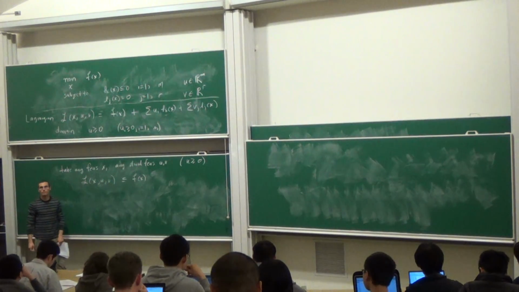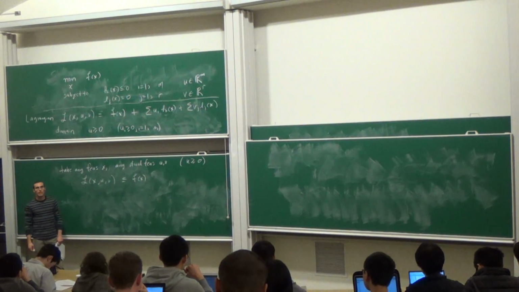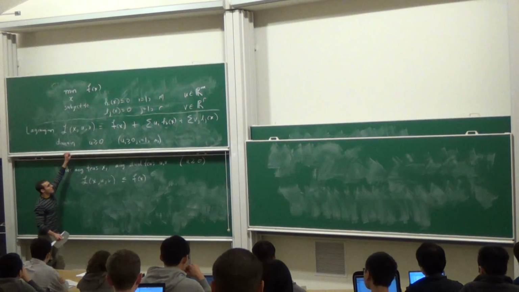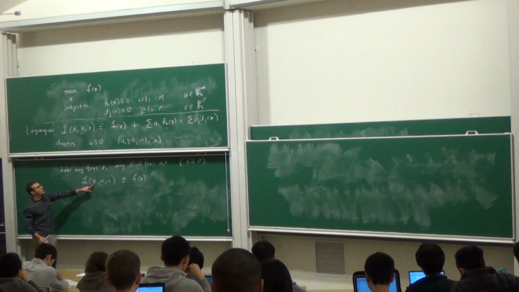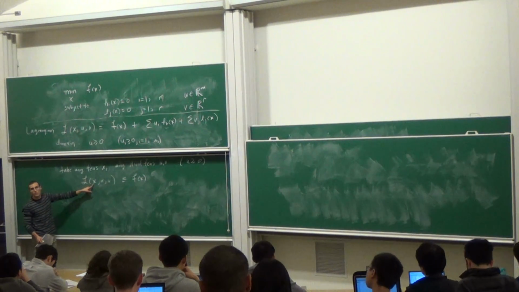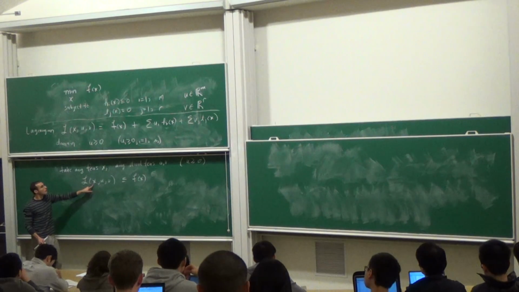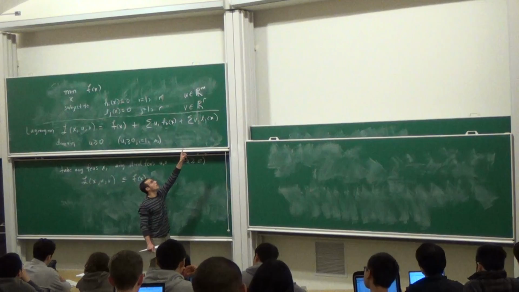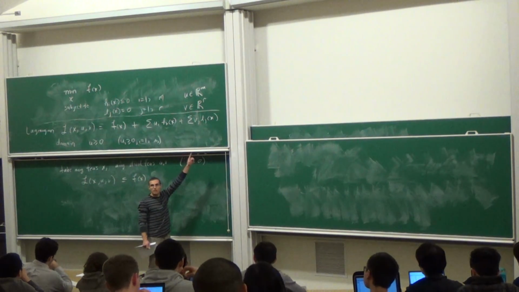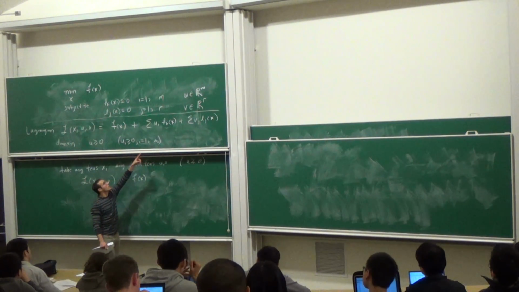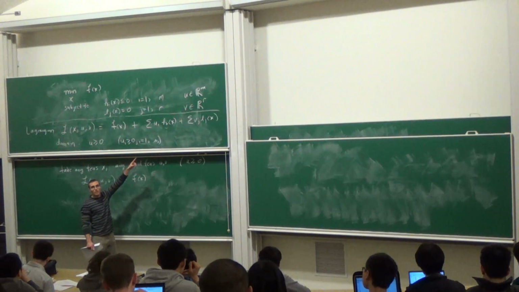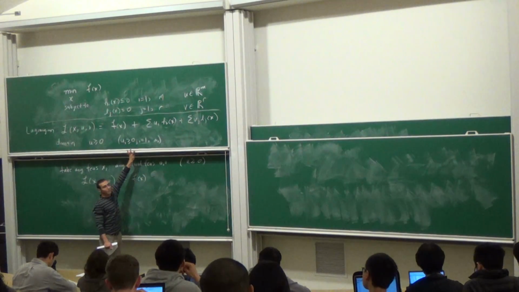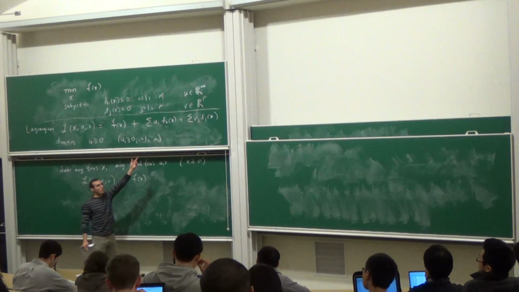That's actually not too hard to see. Why is that true? If x was feasible, then first of all, l_j of x is equal to 0 for all j, so that last term is just 0. It doesn't matter what v_j is. For the middle term, h_i of x is less than or equal to 0 for all i, and u_i was non-negative in every component; that was my assumption.